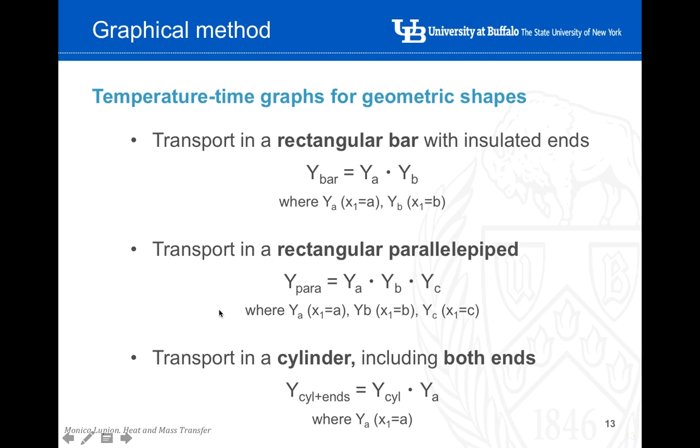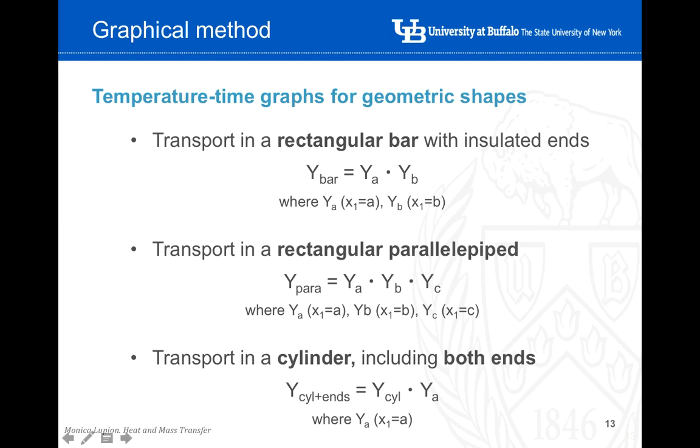Same thing when we have a 3D rectangular parallelepiped. We can calculate the parameter y by just multiplying the different parameters y over the three surfaces of the rectangular parallelepiped.